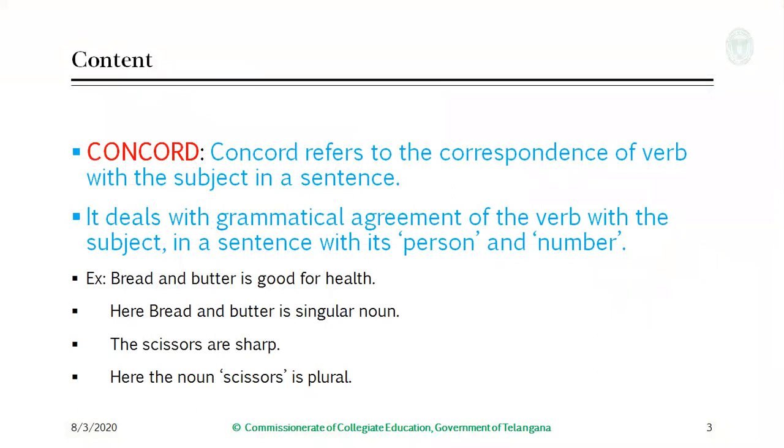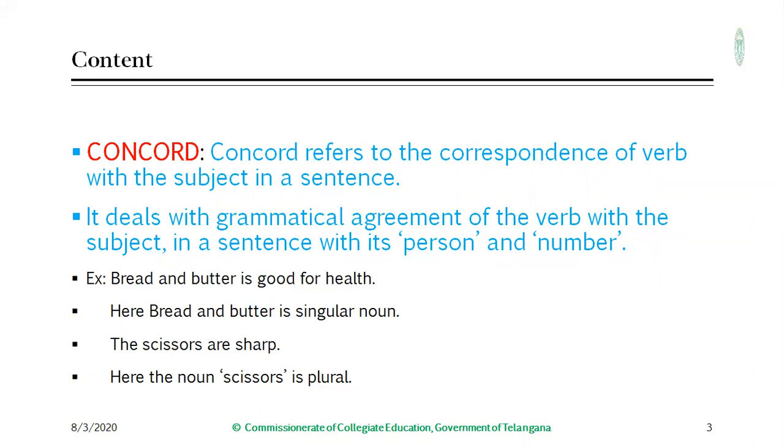Concord is a word that refers to the correspondence of verb with the subject in a sentence. It shows the relation between the subject and verb in the sentence.